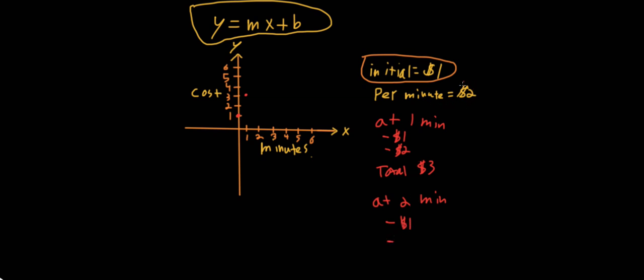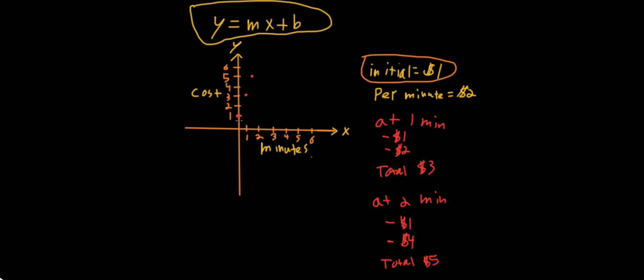If it's $2 per minute and you're going for 2 minutes, then you're paying $4. The total is 1 plus 4, so $5. Let's label this. At 2 minutes, we're paying $5. Once again, very expensive taxi. 2 minutes, $5. It's around right there.